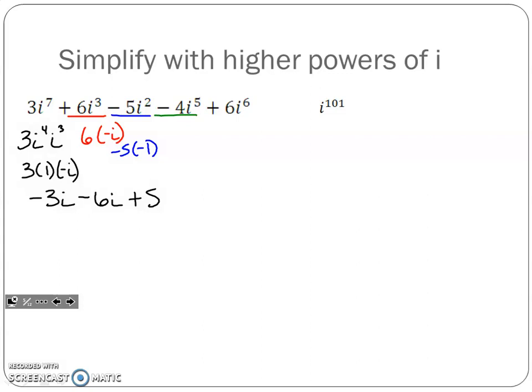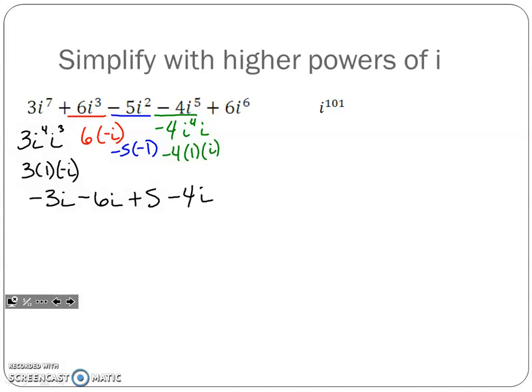Then negative 4i to the fifth. i to the fifth is really an i to the fourth and an i, and i to the fourth is just 1. So I've got negative 4 times 1 times just an i, which gives me a negative 4i.